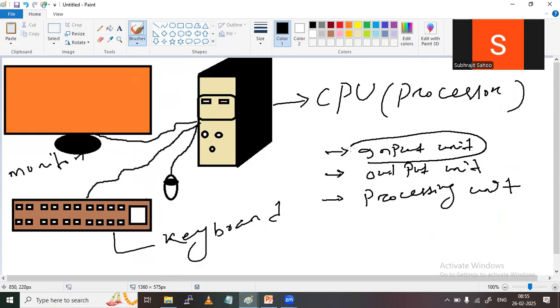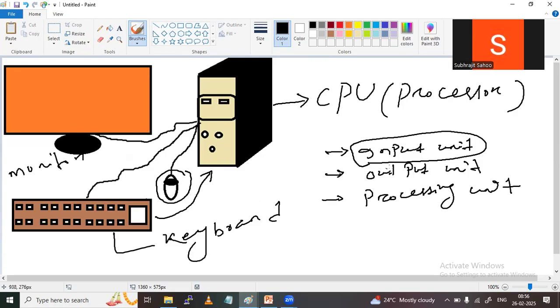What is the input unit, sir? Through this input unit, the user gives a request to the processor, by typing something here or by clicking some options with the mouse. The mouse is also called an input unit, right?